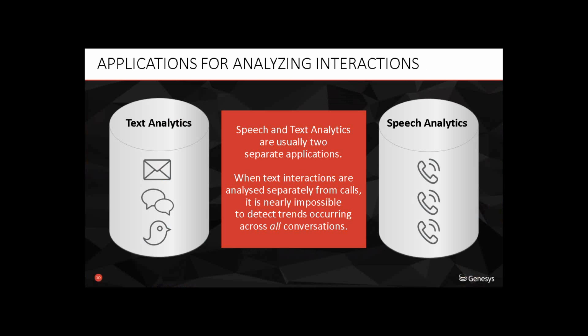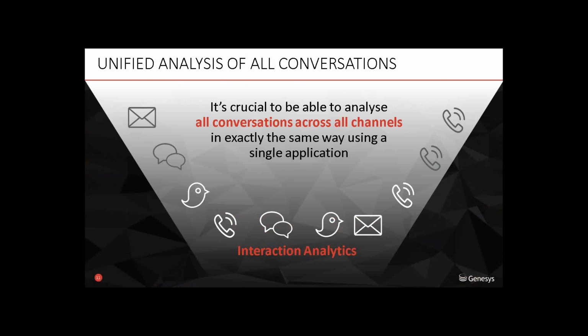It's really crucial to be able to analyze all conversations across all channels in exactly the same way, using a single application. Because again, that helps you to detect trends that are emerging across all of those conversations, as well as unexpected events, and to be able to head off any business process issues that are occurring across all conversations, etc. It's a very important capability.